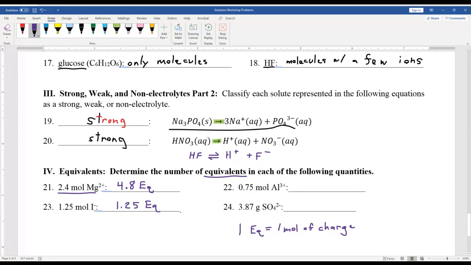Not too complicated. We'll do one more just for fun. What about the 0.75 moles of aluminum? 3 times 0.75. And that would give you? 2.25 equivalents. Very good.